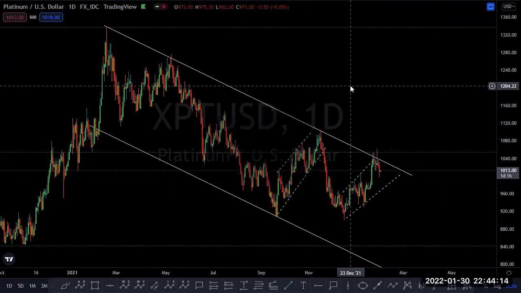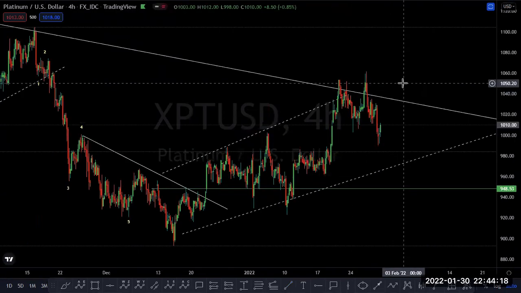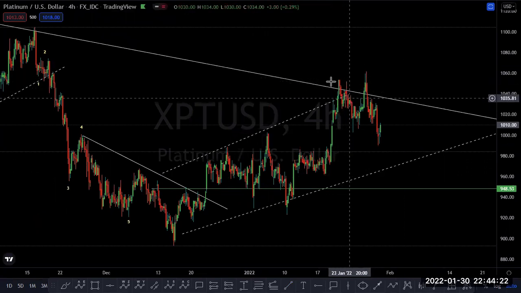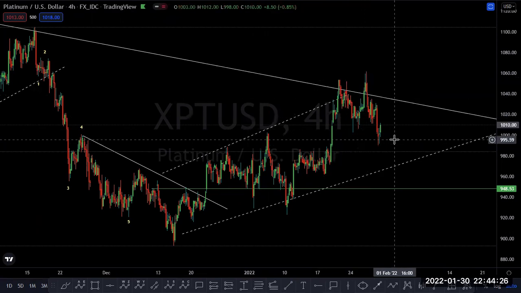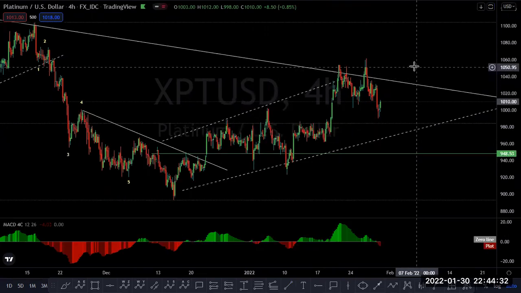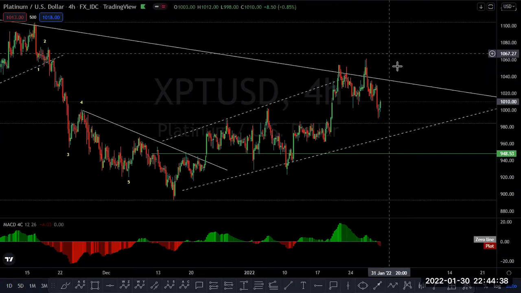I haven't labeled this chart, but this seems to be an A, B, C, which is an expanding flat. If that is the case, maybe the market will at least give us one more move up.